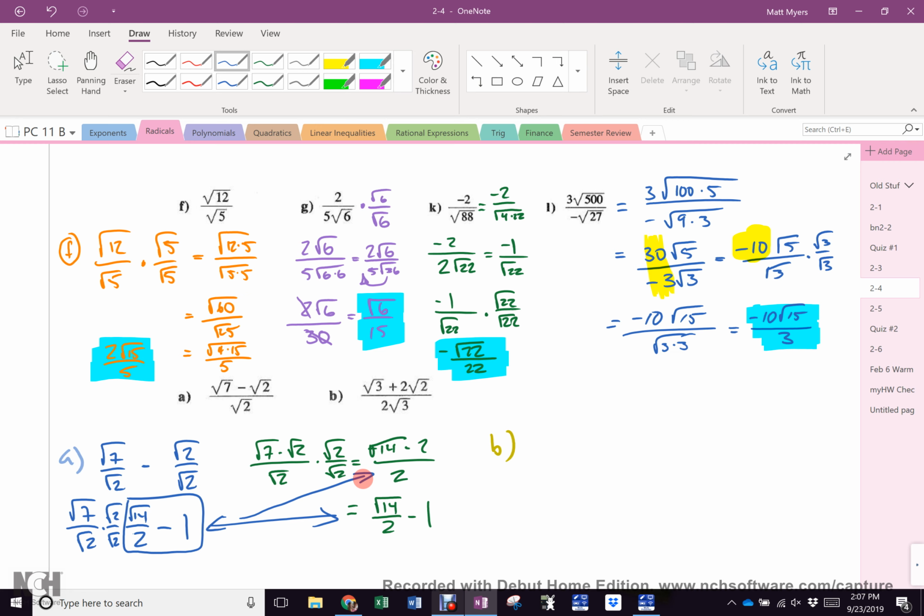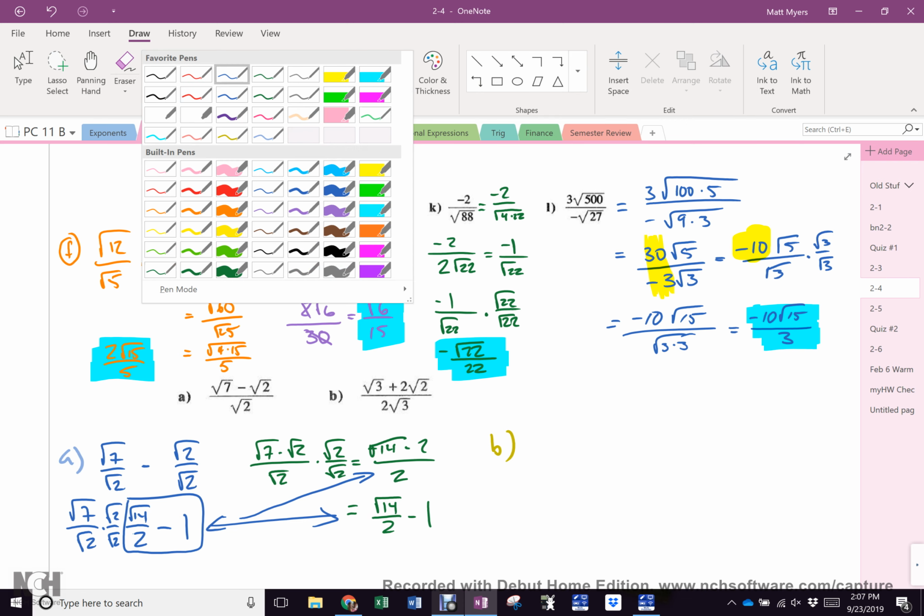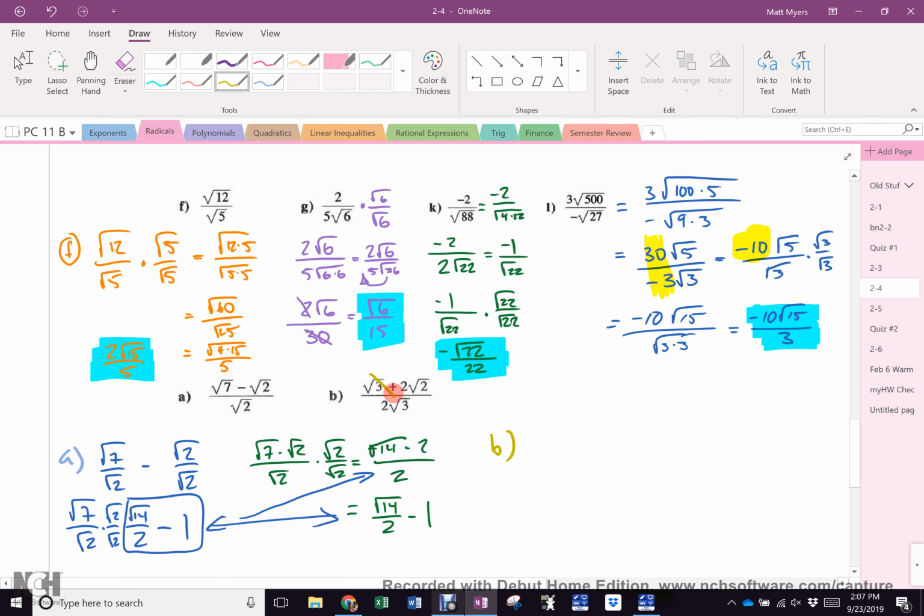Yes, Ashni. No, because the negative has to be the 1. Okay. Everybody good? Now again, remember, is this allowed in B?